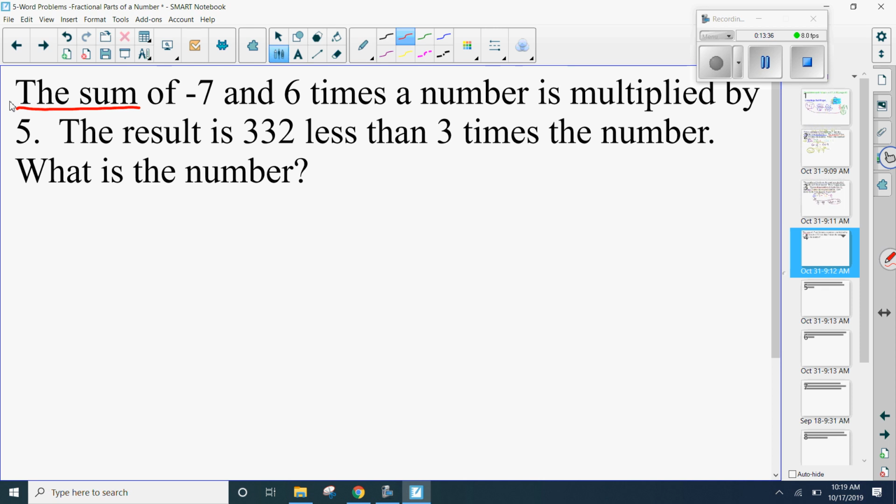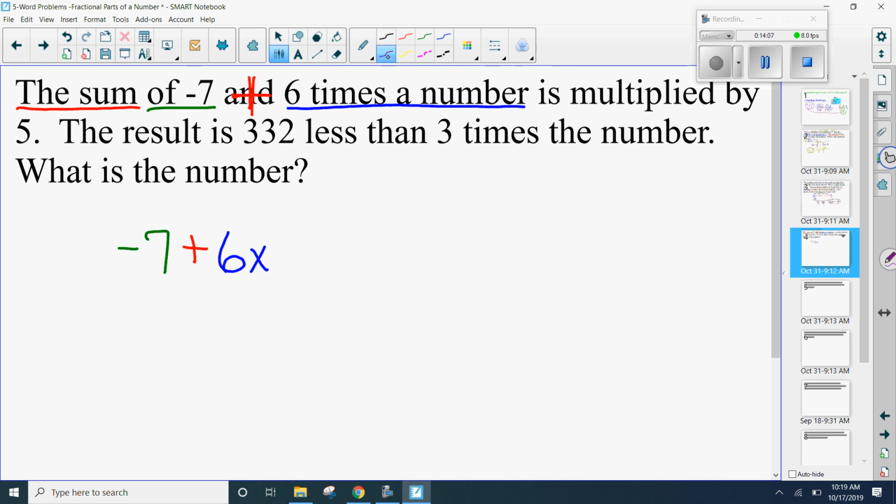So the sum of negative 7 and 6 times the number. So I need to add 2 things together. What am I adding together? Negative 7 and 6 times the number. How do I show 6 times the number? 6x. So sum, find that word and see what you're adding together.